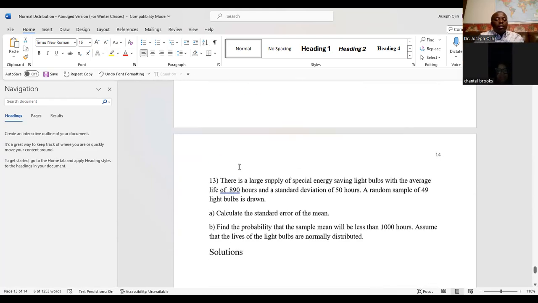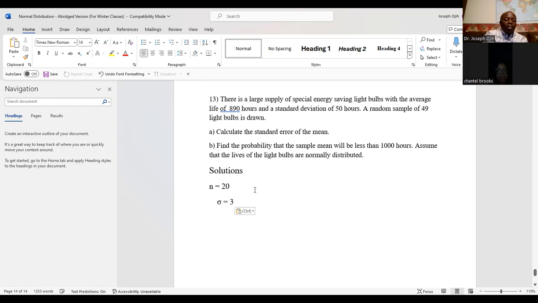We have this for part A. The average life is 890 hours and the standard deviation is 50 hours. A random sample of 49 light bulbs, 49 for n, with a standard deviation of 50 hours.